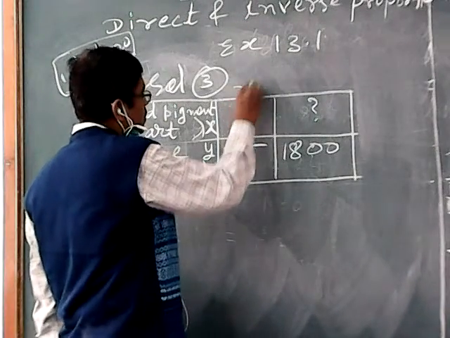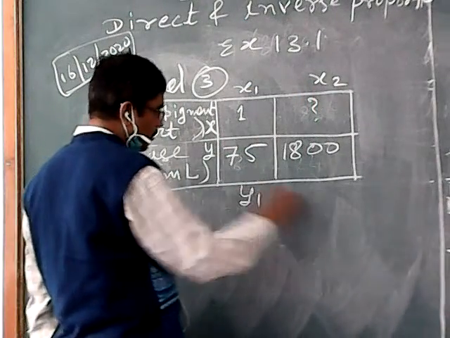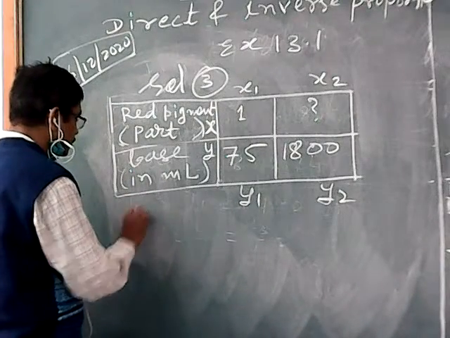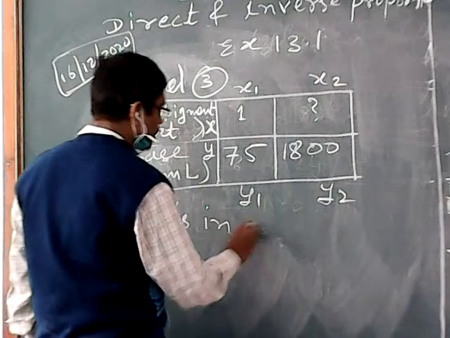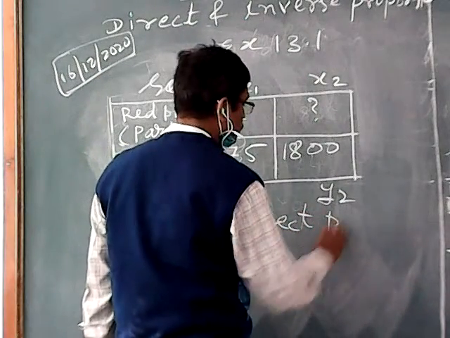So here it is x1, x2, and we can write this y1, y2. So we write here it is in direct proportion.